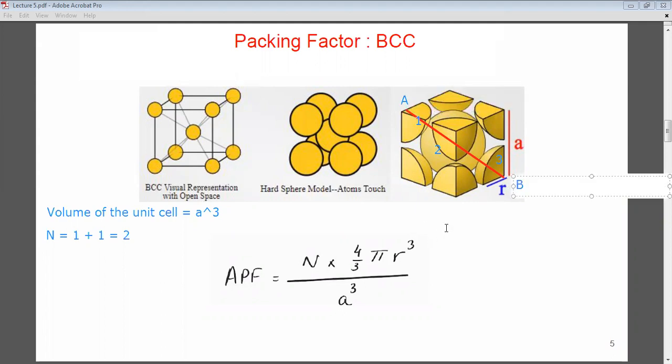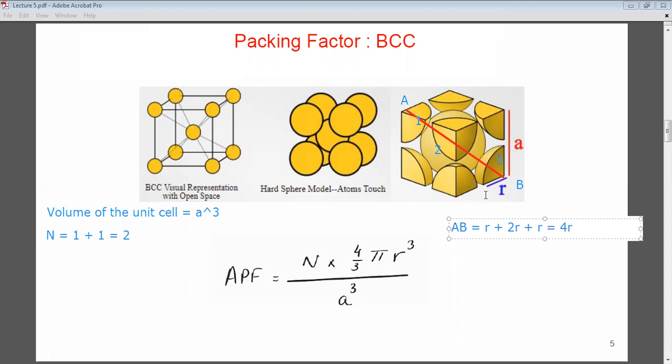And how much is AB in terms of R? From here it is R, then from the big sphere in the middle, it takes the whole diameter, so it is 2R. Then it takes only 1R from this portion over here. So this is equal to 4R.